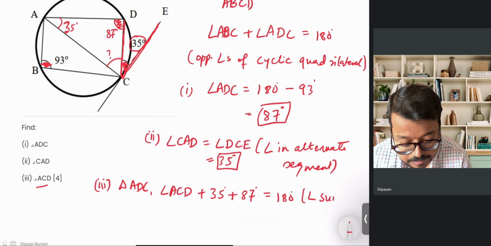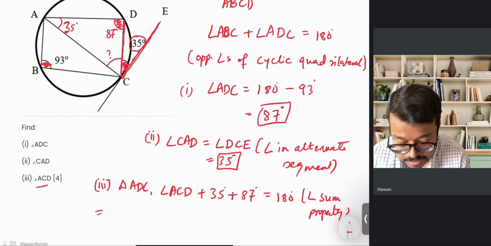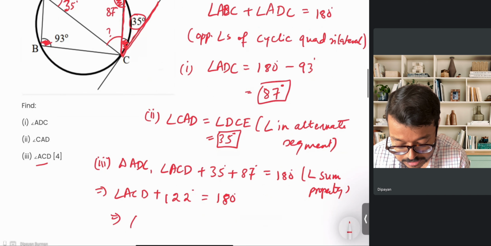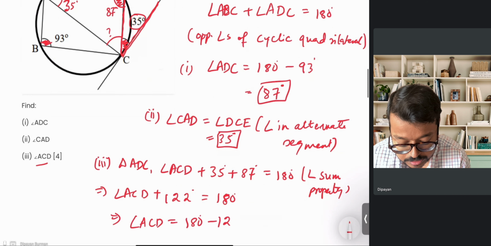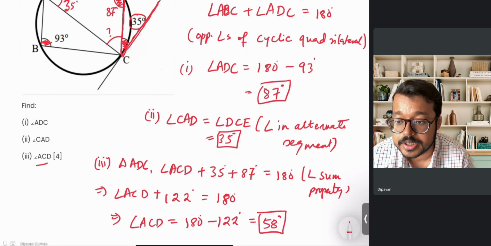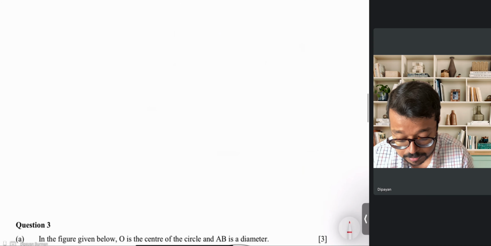Angle sum property. So angle ACD plus 122 is 180. So angle ACD will be 180 minus 122, which is going to be 58 degree. All right. Moving ahead.